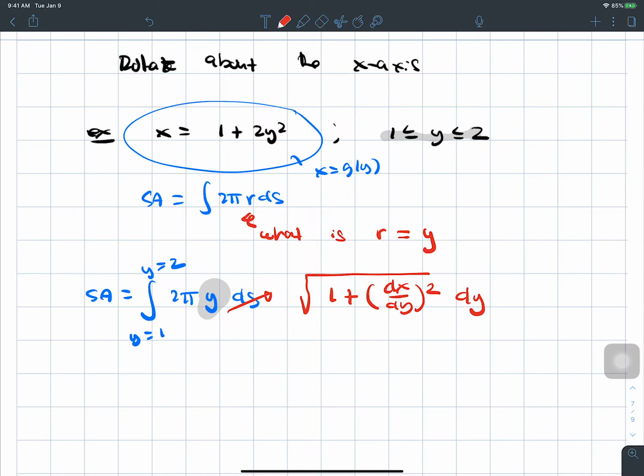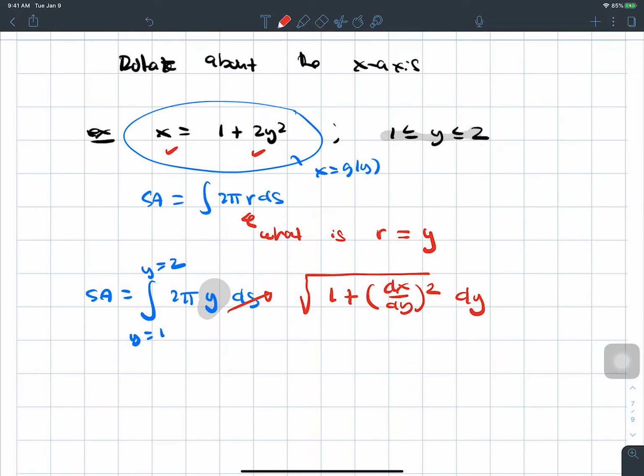And that's good because we have x as a function of y. That was given. So we're going to use this to be consistent here with our dy and our y variable. So all together now, let's see what that surface area formula looks like. Integral from 1 to 2 of 2 pi y, leave it as that, square root of 1 plus dx/dy squared, dy.